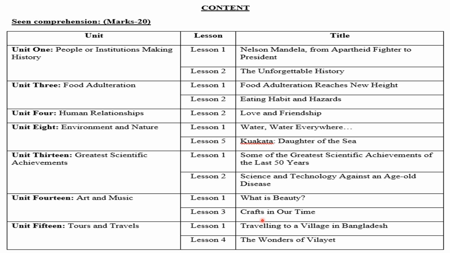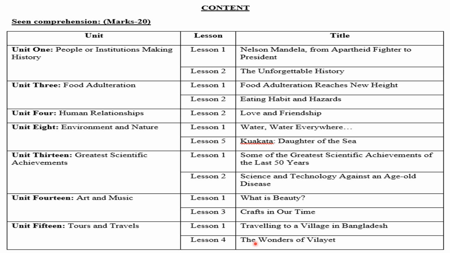And the last, Unit 15, Tours and Travels. From this unit, two lessons have been taken, lesson 1 and lesson 4. Lesson 1, Traveling to a Village in Bangladesh, and lesson 4, here we will know about the Wonders of Vilayat.